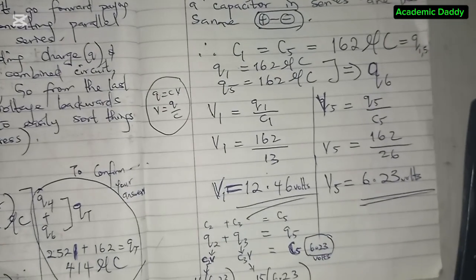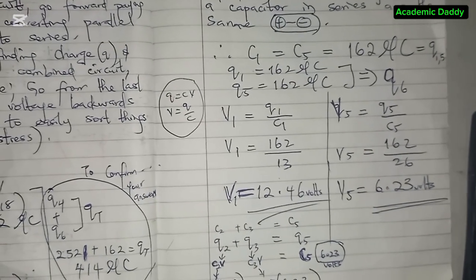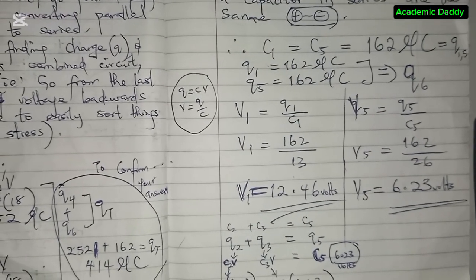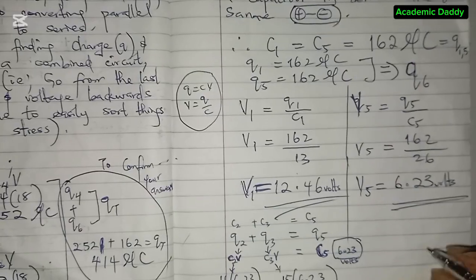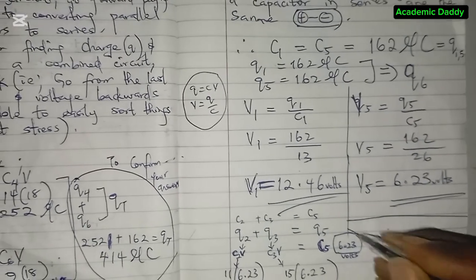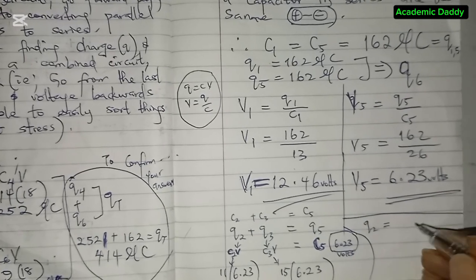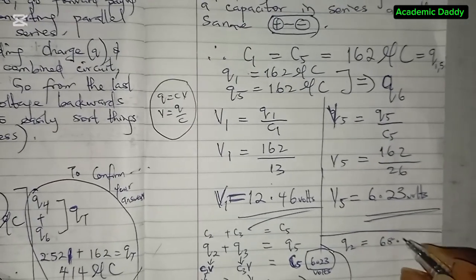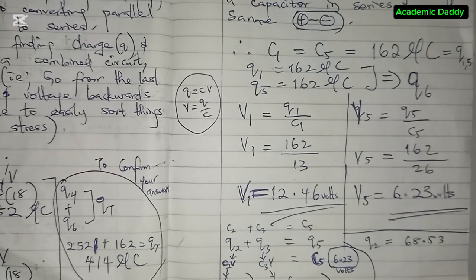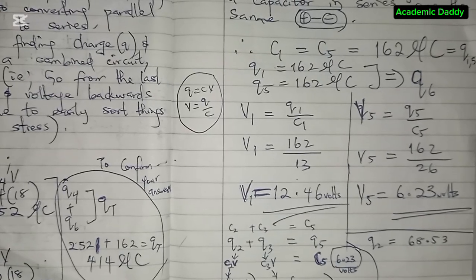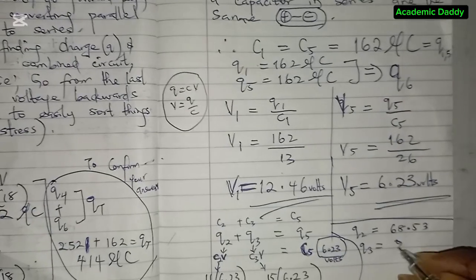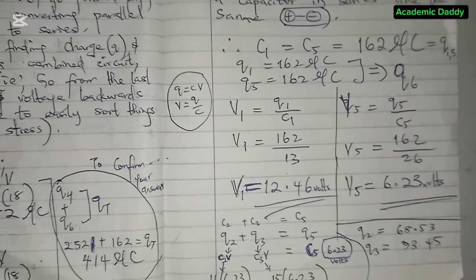So I now have 11 times 6.23, and it's giving me Q2. Q2 will be equal to 68.53, and then Q3, 15 times 6.23, is giving me Q3 equal to 93.45. Let me add it up.